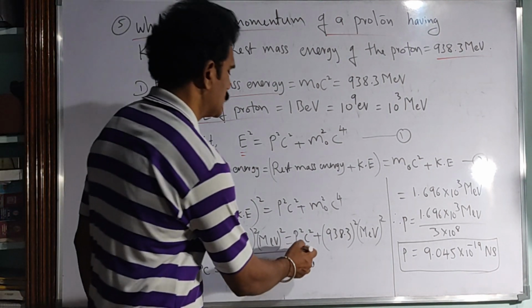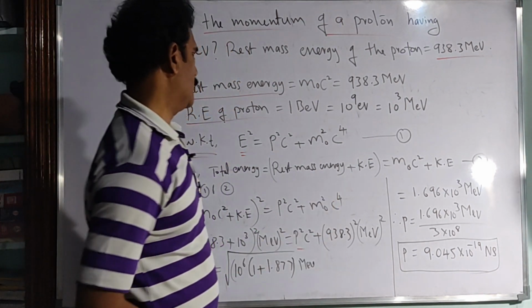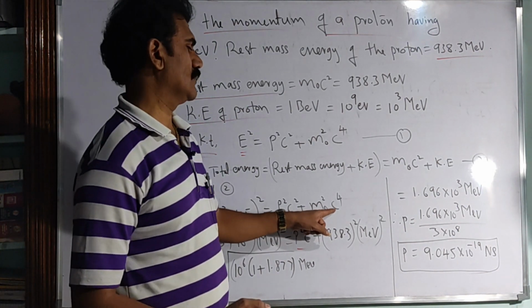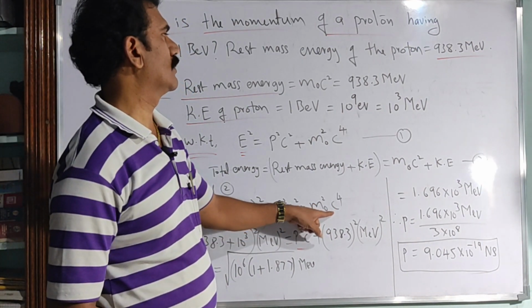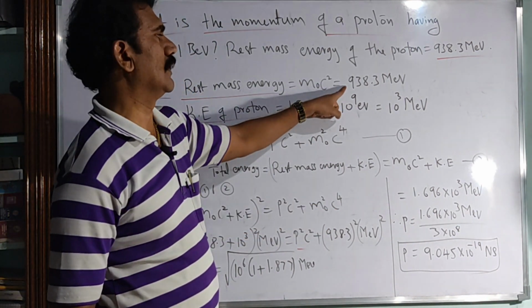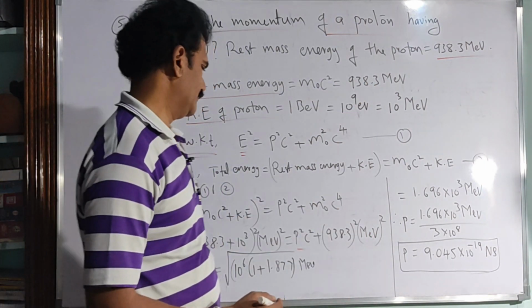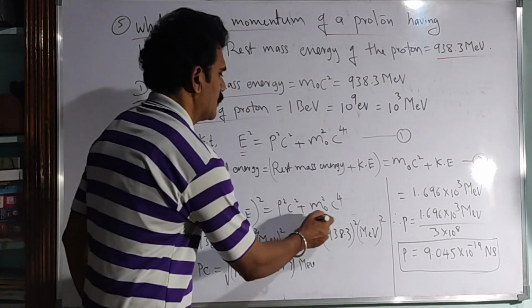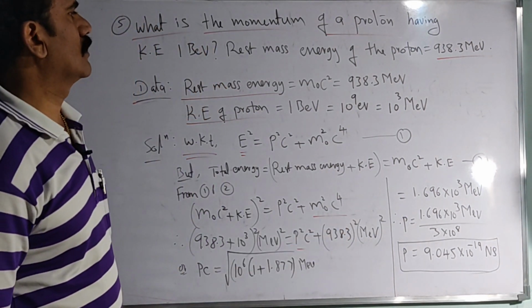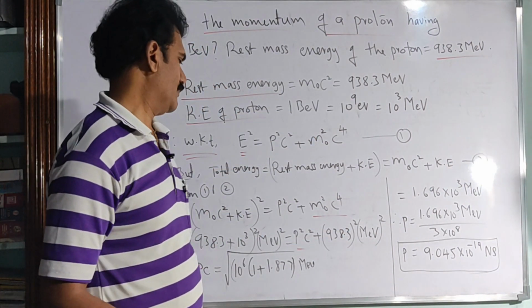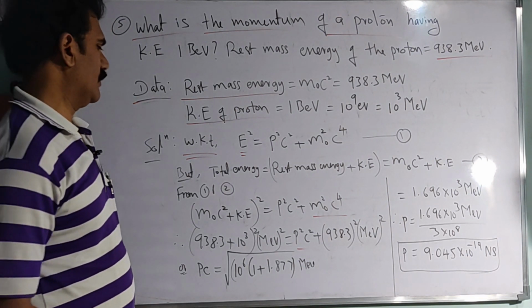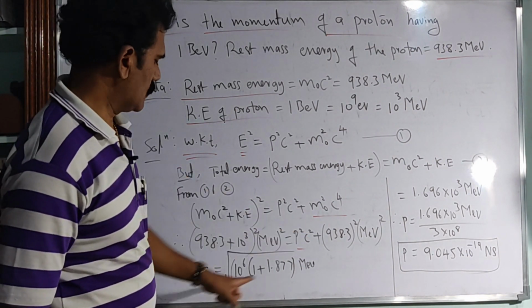That is equal to p square c square plus m naught square c to the power of 4, which is nothing but the square of this value: 938.3 mega electron volts, whole square. Make the proper substitution for m naught square c to the power of 4 from this value. Then simplify for p square c square, or pc.